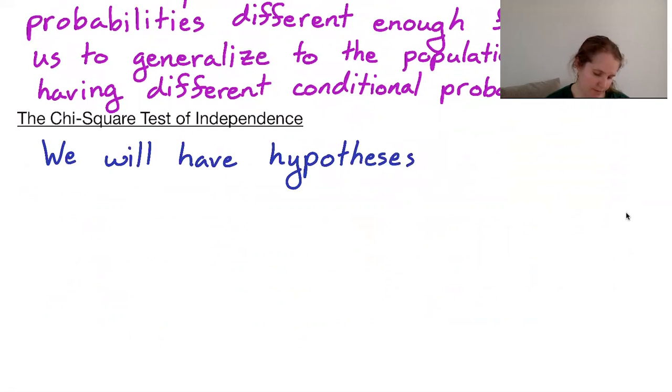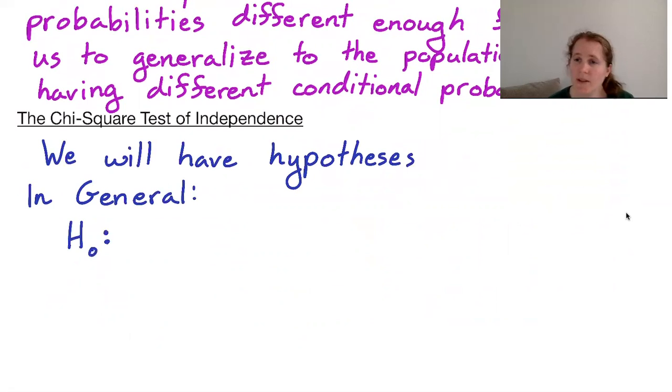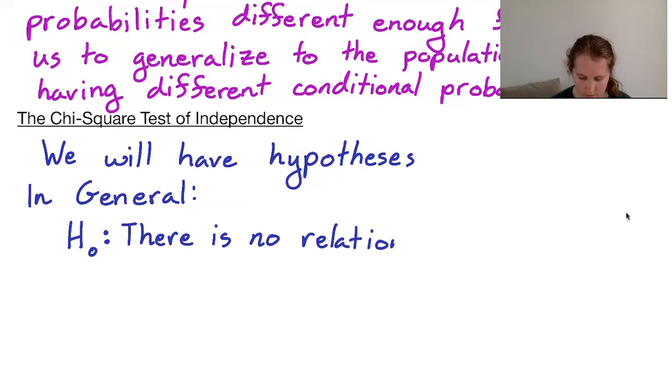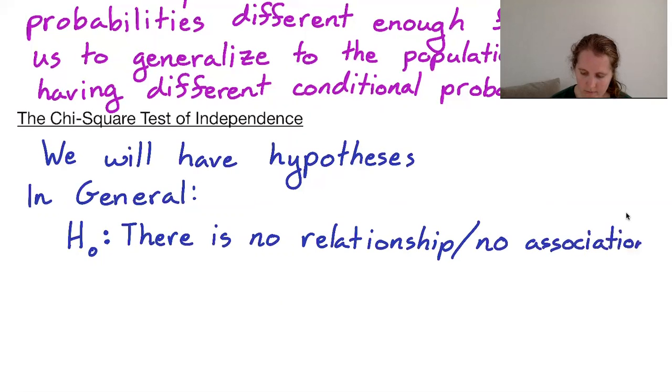In general, the null hypothesis will be that there is no relationship, no association, or we could also say that the variables are independent.